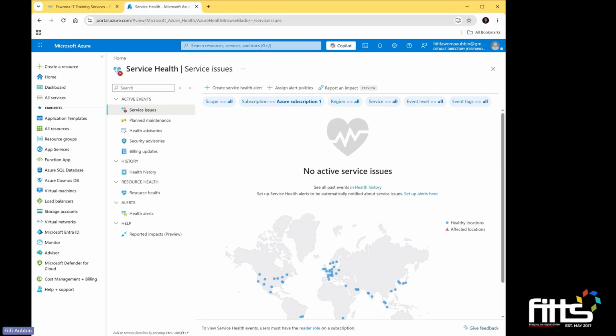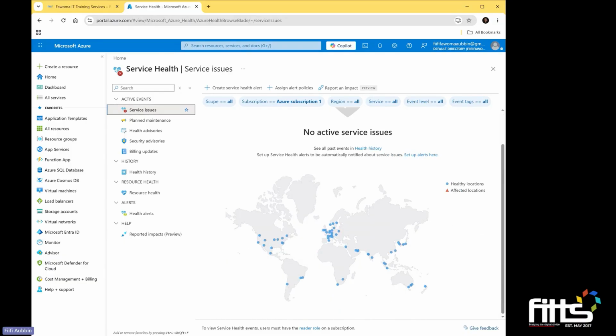And if you check the left-hand side, we have service issues, planned maintenance, health advisories, security advisories, billing updates. And when you move all the way down, we have health history, resource health, health alerts. Then we've got some health, which is a reported impact preview.